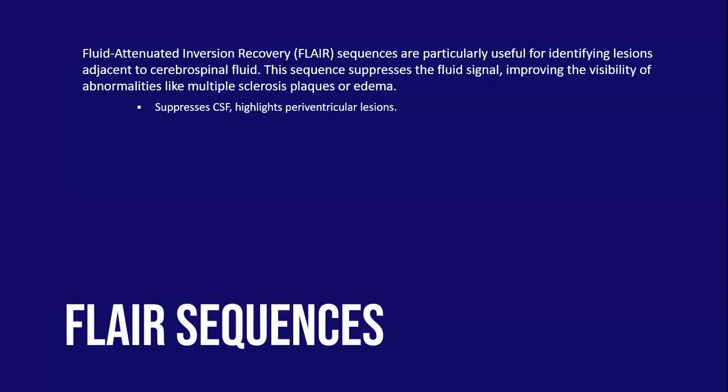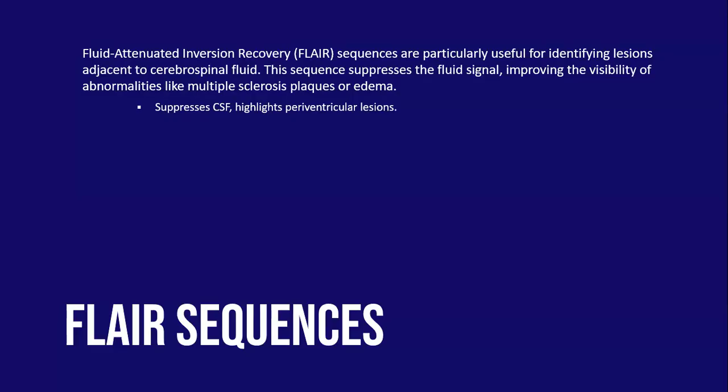Now, what happens is in FLAIR, you're suppressing the fluid signal and you're improving the signal of non-CSF fluid. For example, you have a patient with a cystic mass next to the ventricles. On T2, you can see that all of them are appearing bright.